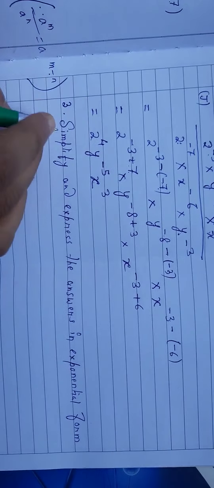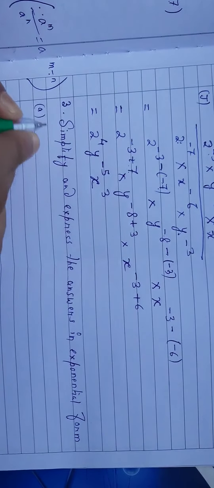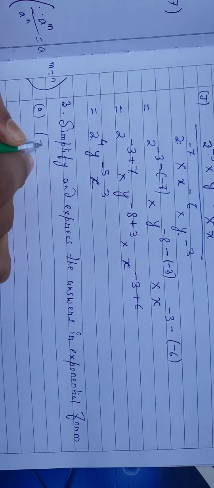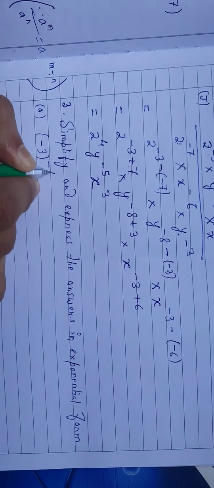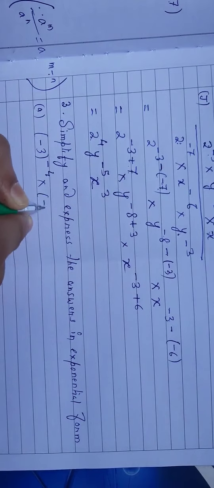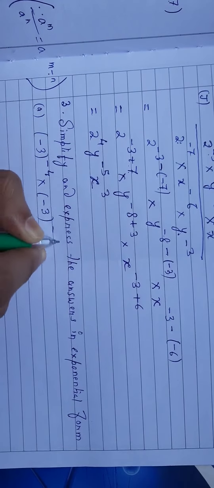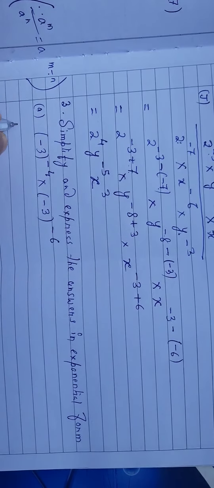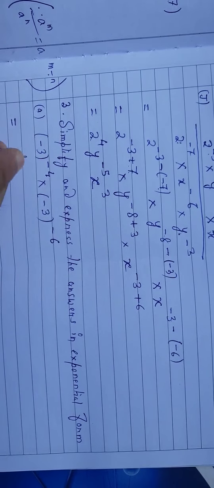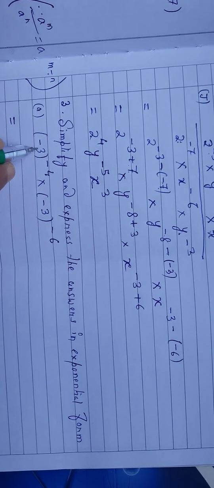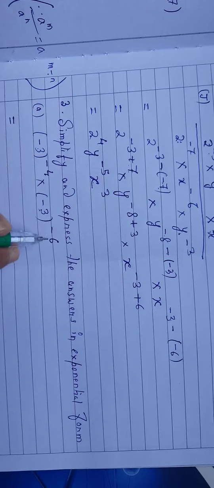Here the first question is minus 3 to the power minus 4 into minus 3 to the power minus 6, which equals, since here you can see bases are same, so powers can be added.